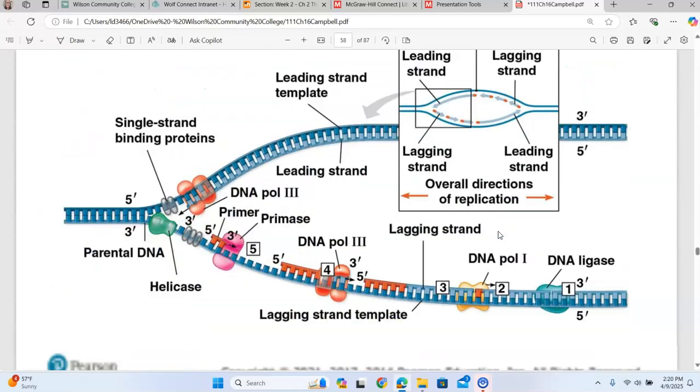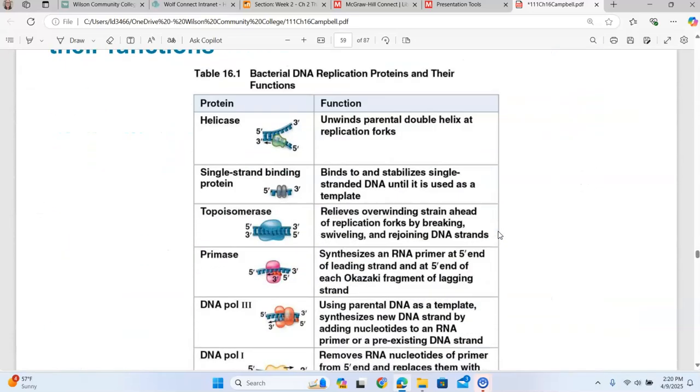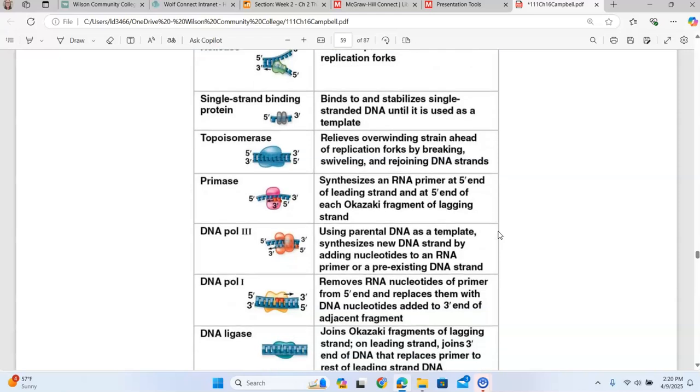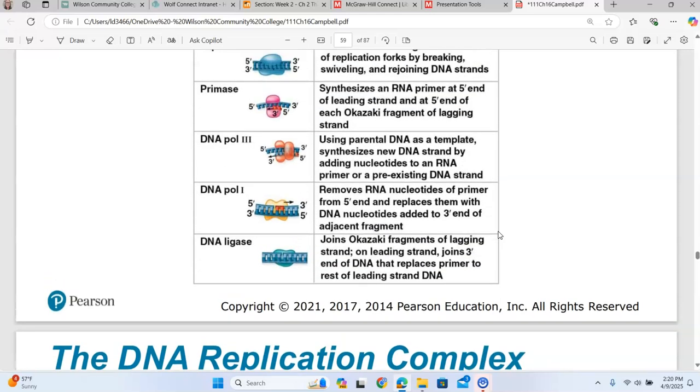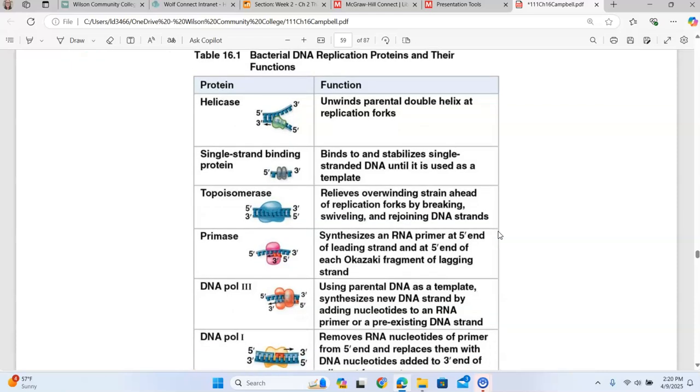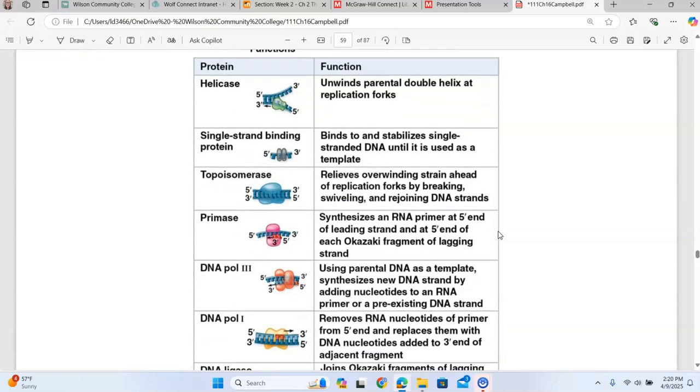All right, here are the enzymes involved. This is really the replication of bacterial DNA, so I'm not going to get too caught up in DNA polymerase 1 and DNA polymerase 3. I just want you to know helicase unwinds and unzips the parental strand of DNA.